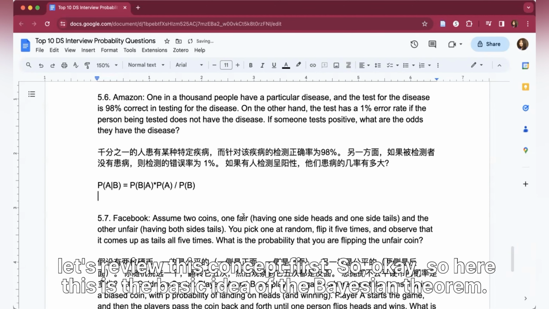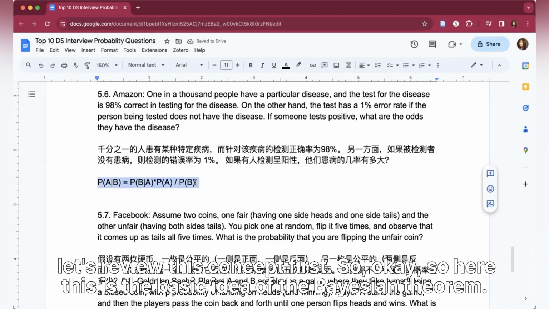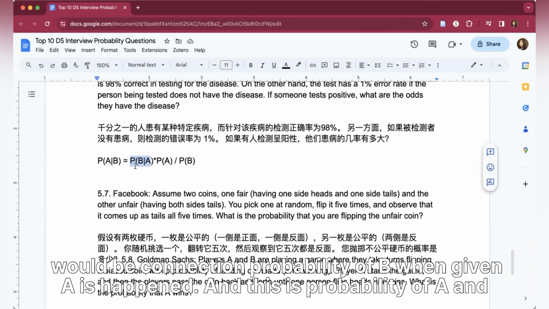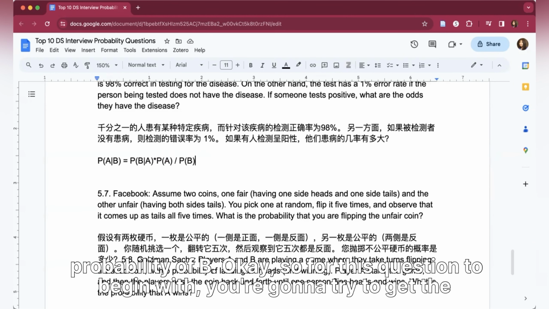This is the basic idea of the Bayesian theorem: this part means the probability of A occurring given that event B has occurred, and this one is the conditional probability of B given A has happened, and this is the probability of A and the probability of B.